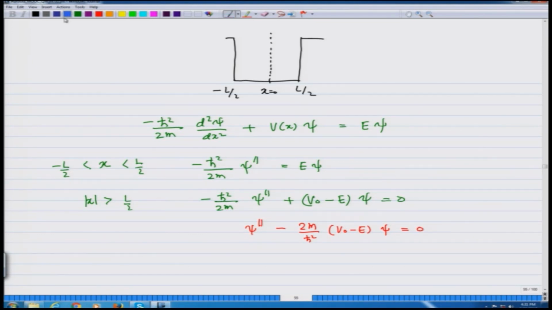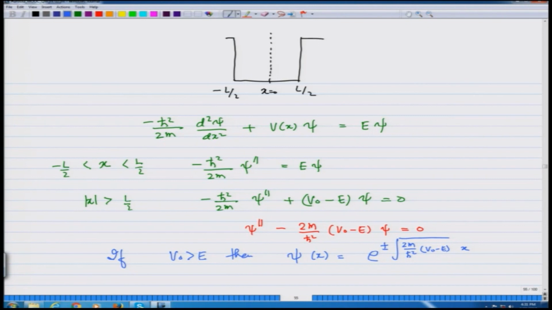Now, if V 0 is greater than E, then psi x is of the form e raised to plus or minus square root of 2 m over h cross square V 0 minus E x.